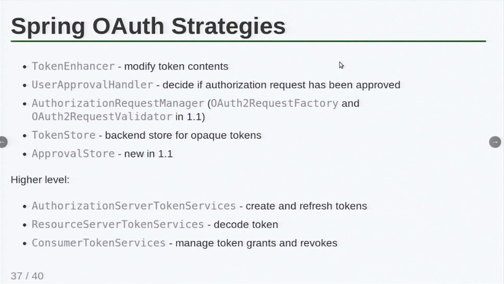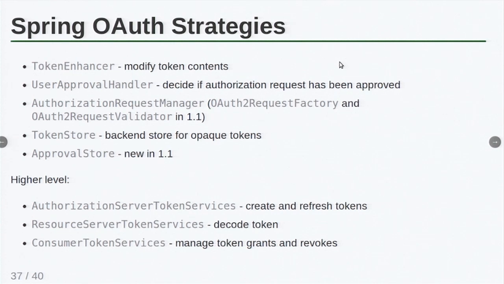Token store is a very common back-end choice, so JDBC, Mongo, whatever. I've seen various choices, in-memory even. We used in-memory in Cloud Foundry for a while. And an approval store, which is new. So probably one or the other. I'm still on the fence about whether you need both. At a high level, there are the token services APIs that I showed you at the beginning. Each of those has a couple of implementations, and usually the level below that is where you look for extension points.